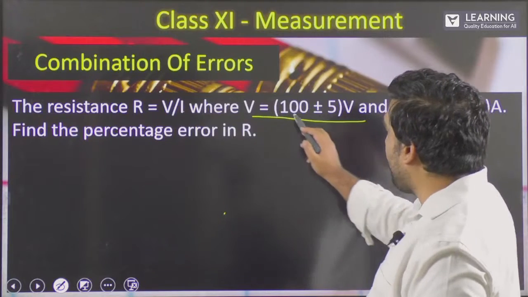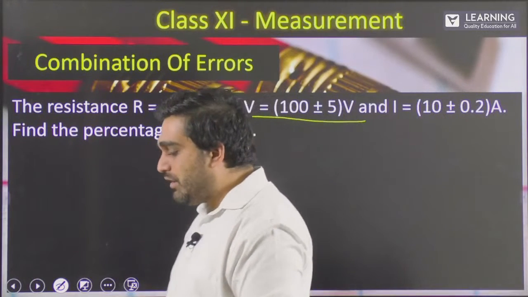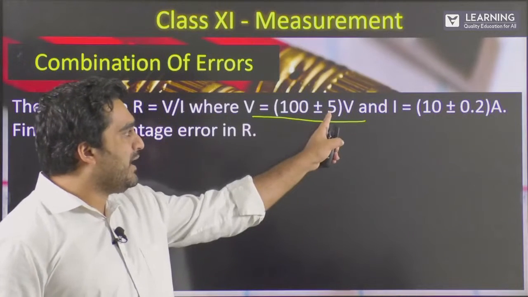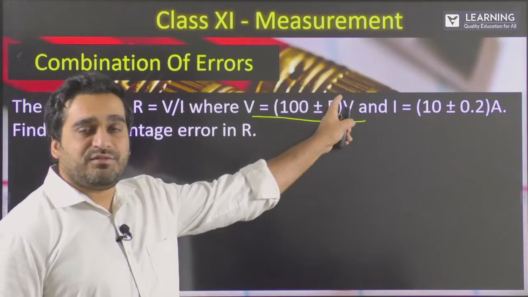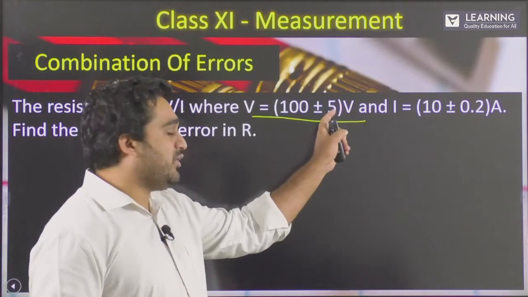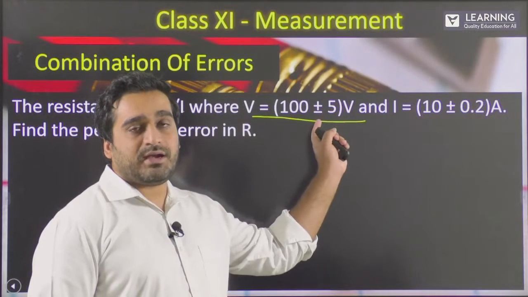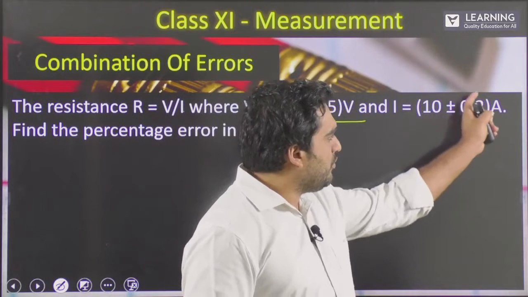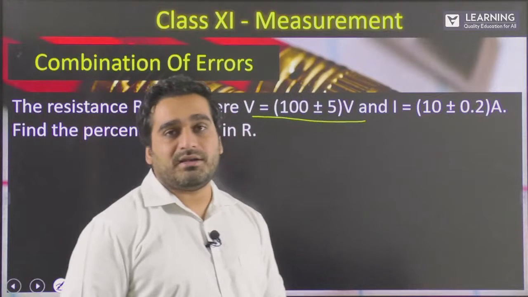Voltage has a certain value that is given to us, 100 plus or minus 5 volts. This 5 is the error. It could be added or it could be subtracted from 100. Similarly, current is also given with an error of plus or minus 0.2.